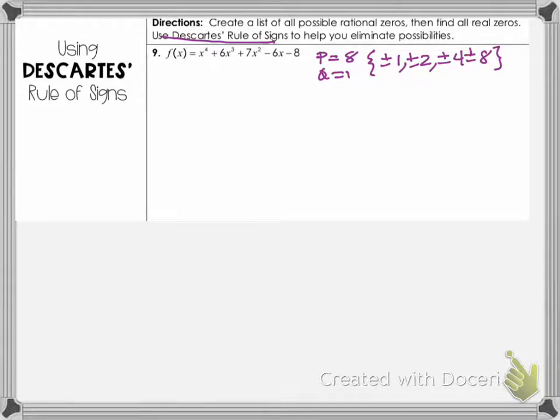So I go from negative to positive, positive to positive, positive to positive, positive to negative. There's 1, and negative to negative. So I have 1 positive real zero.